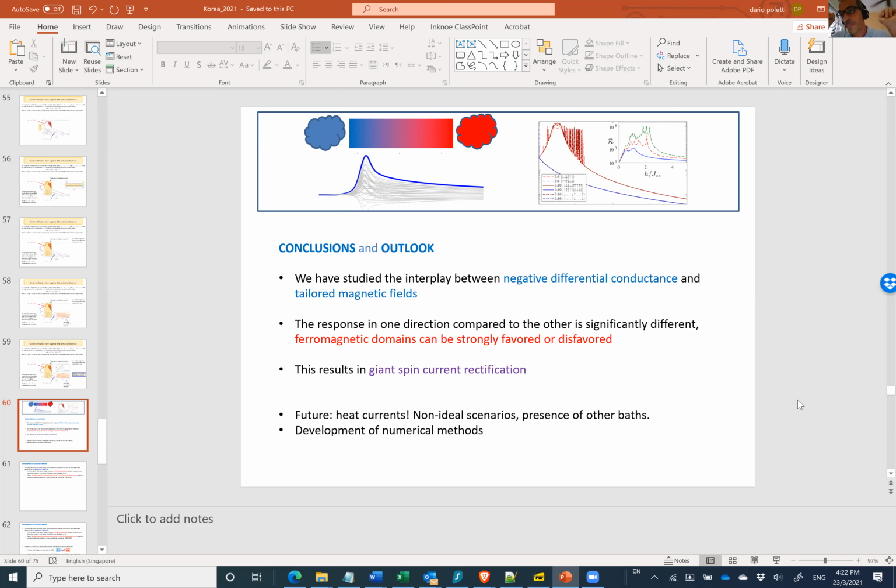I see. Another very general question about rectification is that rectification is used in daily life for rectifying AC voltages. Has there been any work on these kinds of things?